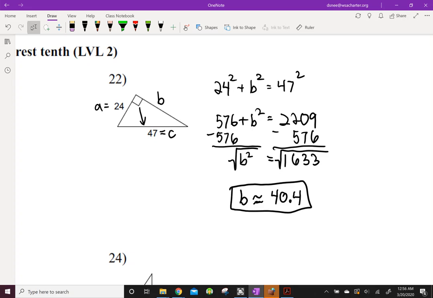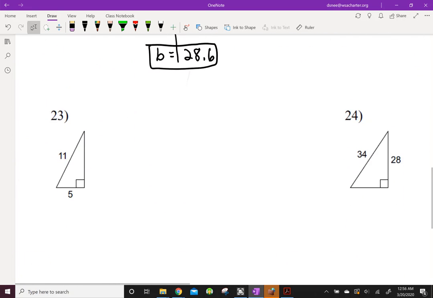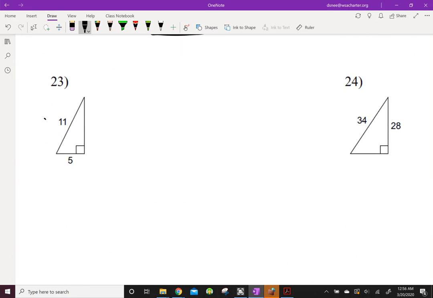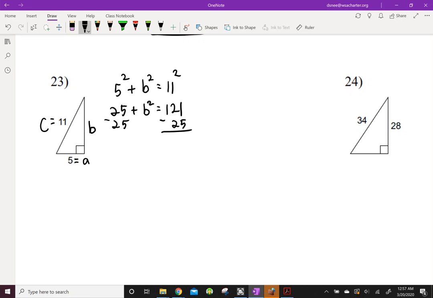All right, that's 22. Let's go over here to 23. C is given, A is given, B is missing. So let's do 5 squared plus b squared equals 11 squared. So 25 plus b squared equals 121. And if we subtract 25 from both sides, I think that's 96 equals b squared.